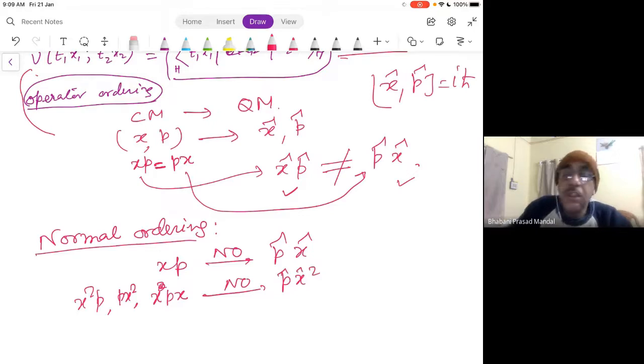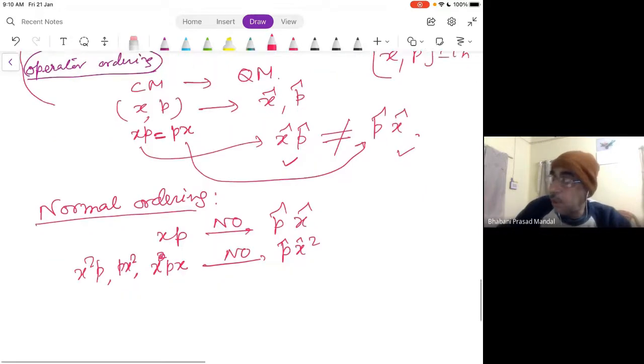This is the meaning of normal ordering. So in normal ordering, your p will always sit to the left. This is a convention. This is not coming from any physical requirement.